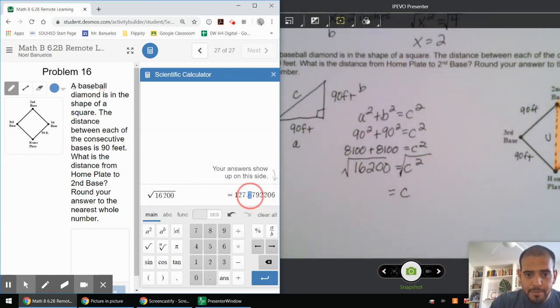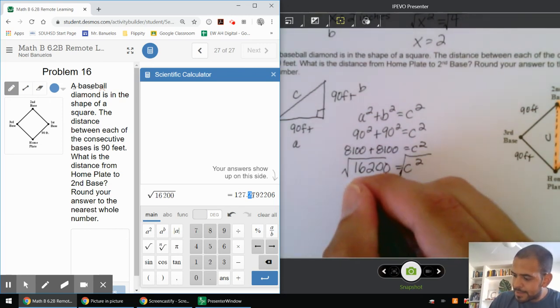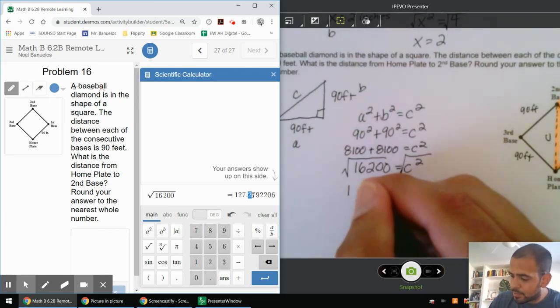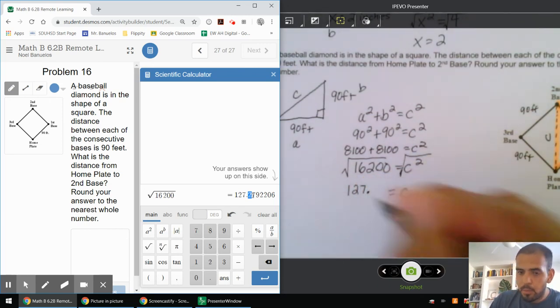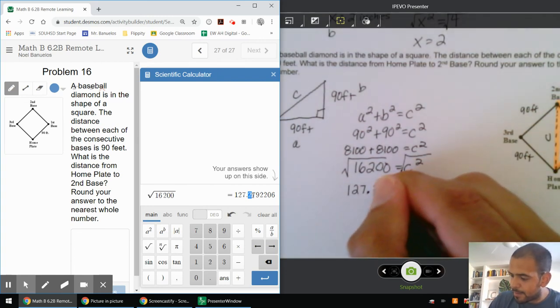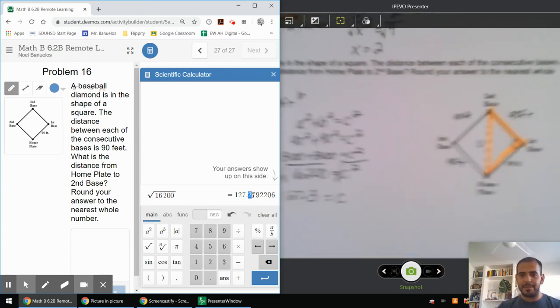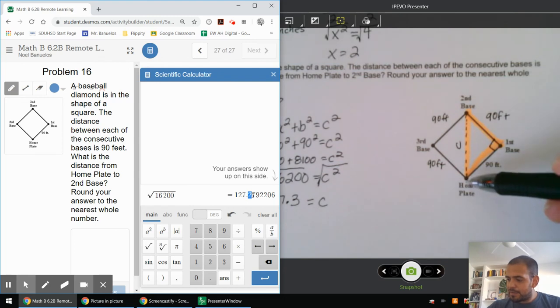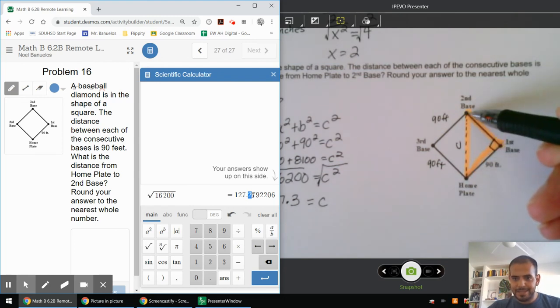Right here, if you notice, is 2, but I'm going to look at the next one over, which is 7. So the 7 bumps it up. So this is approximately 127.3 feet. That means the distance from home to second is 127.3 feet.